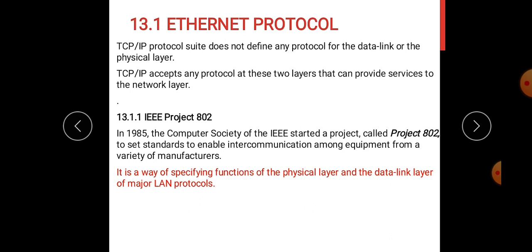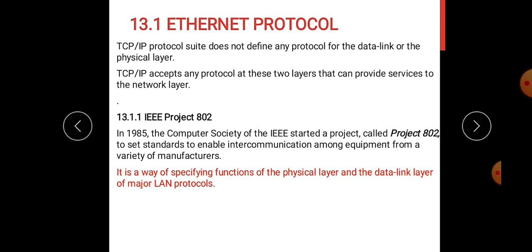First we need to discuss these IEEE standards that we will often encounter in real life. In 1985, the Computer Society of IEEE started a project called Project 802 to set standards to enable intercommunication among equipment from a variety of manufacturers.